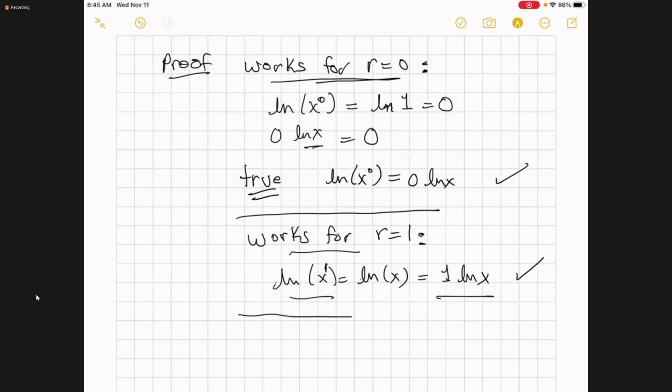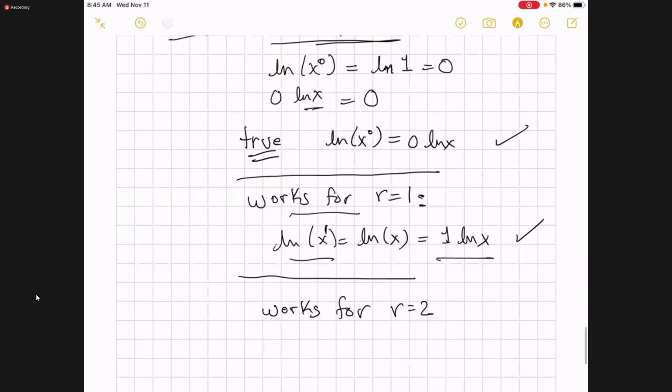Okay. It works for r equal to 2. Let's see. ln of x squared. Well, x squared is x times x.